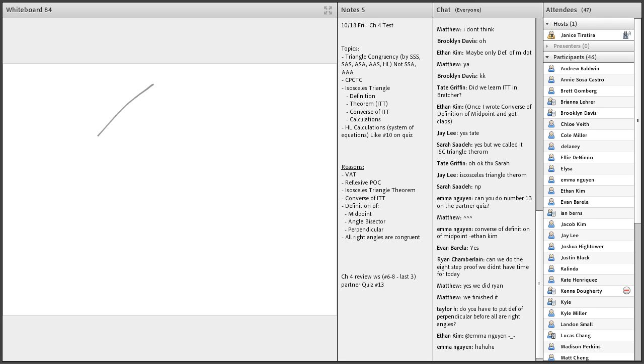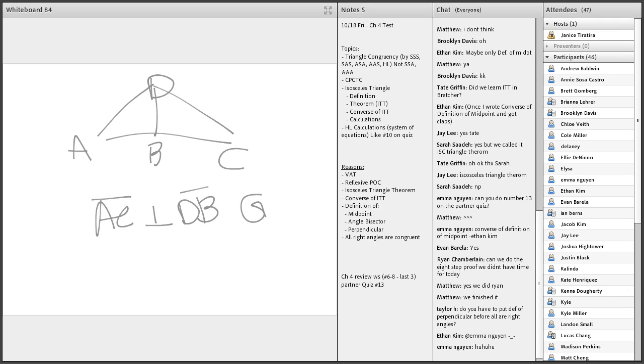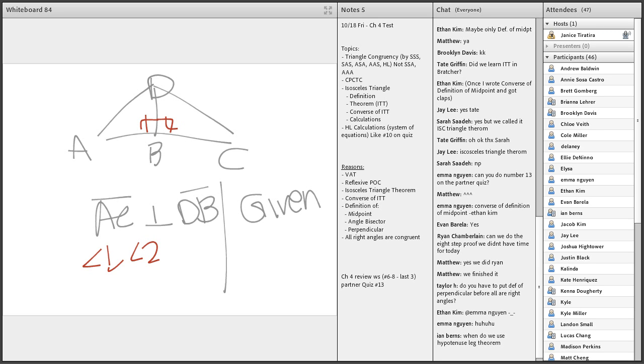But let's say you had a triangle and it said AC is perpendicular to DB, that's given. So this is answering Taylor H's question. Then the next step you would say is, well, if they're perpendicular, they create these 90 degrees. So you'd say, let me number them, angle 1 and angle 2 are right angles.